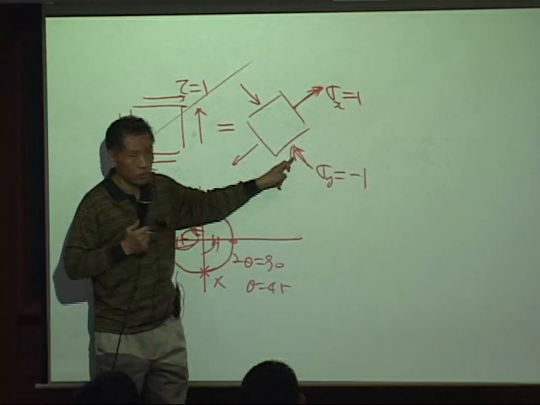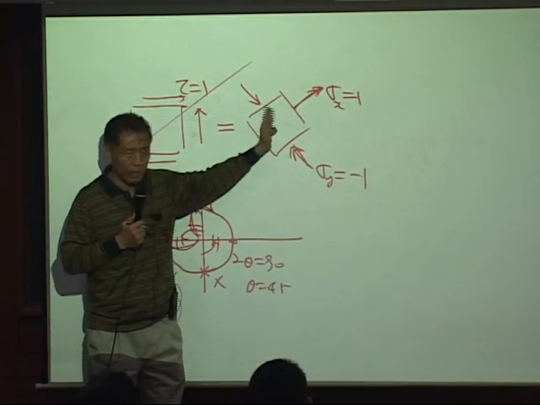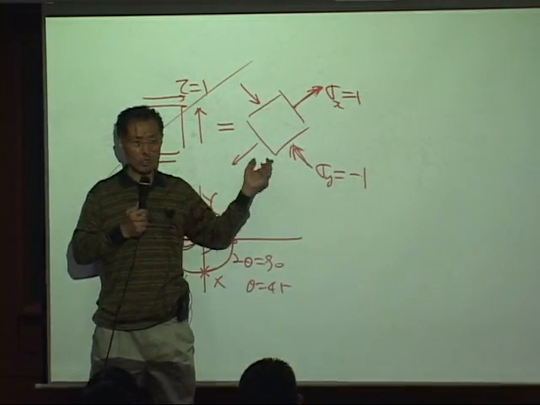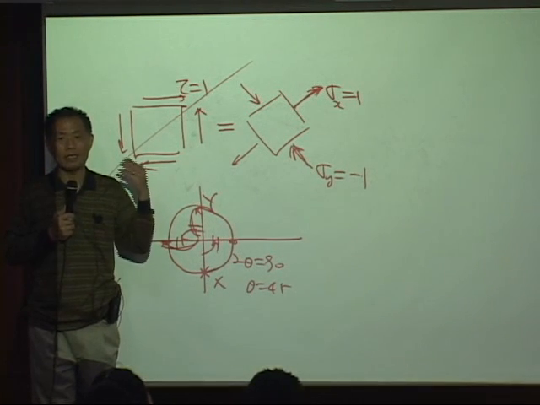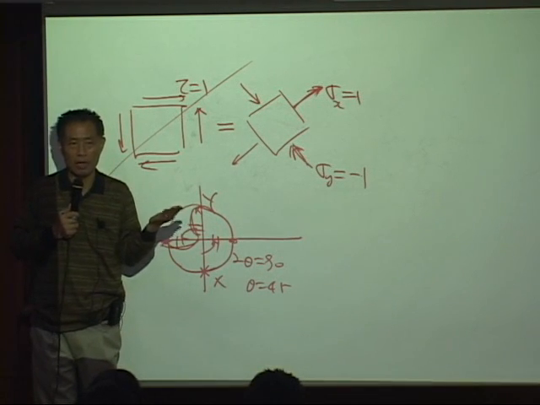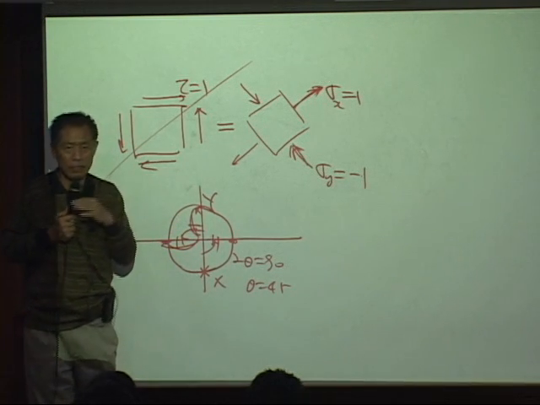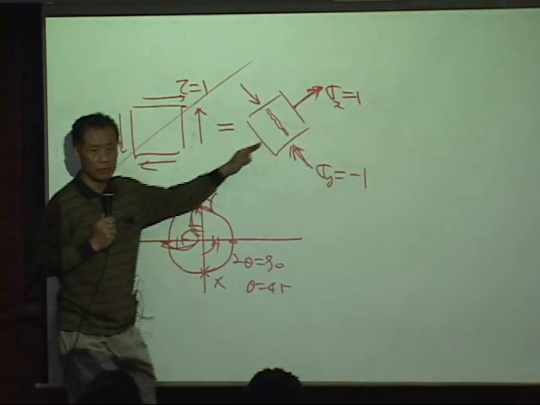So we have this one. So pushing means compression, and this way is a tension. So if this material is very weak in tension mode, like a brittle material, then this material will break in these directions, because this one is subject to a tension mode, right?